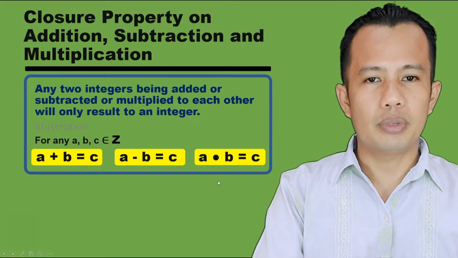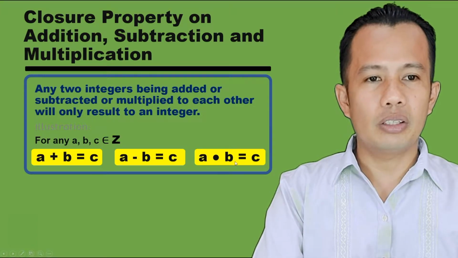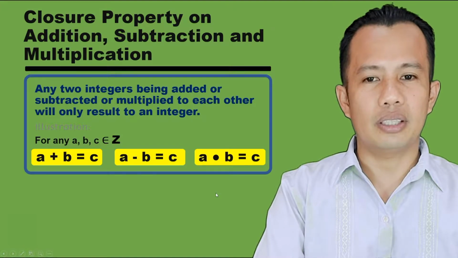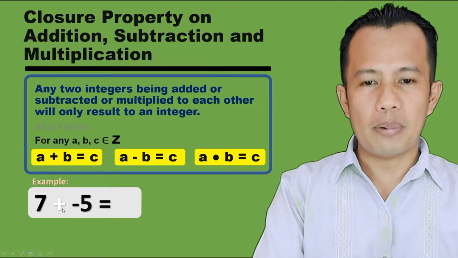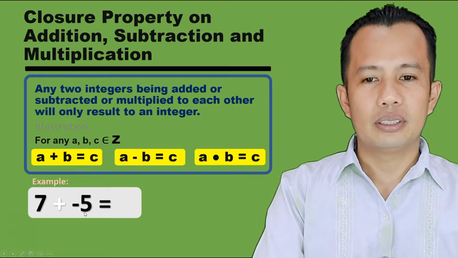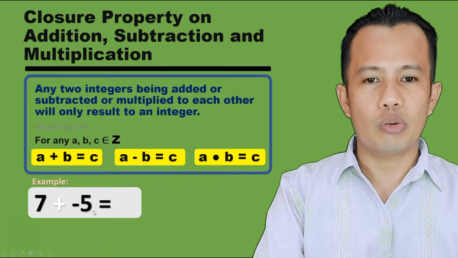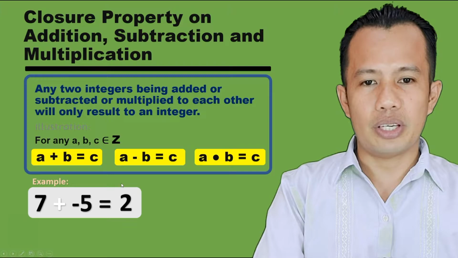Same is true with multiplication. A times b will only result in a product which is also an integer. For example, 7 plus negative 5. 7 is an integer added to another integer will result in an integer, which is 2.